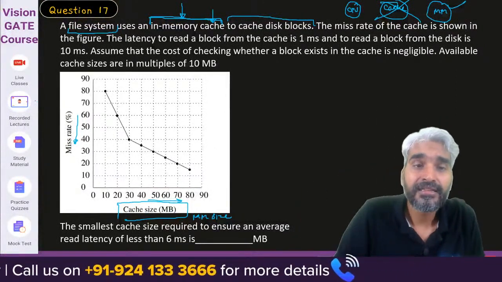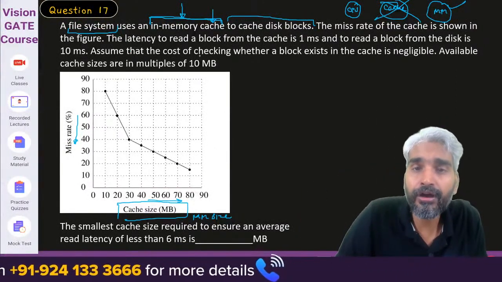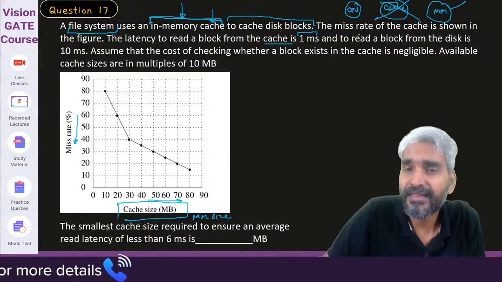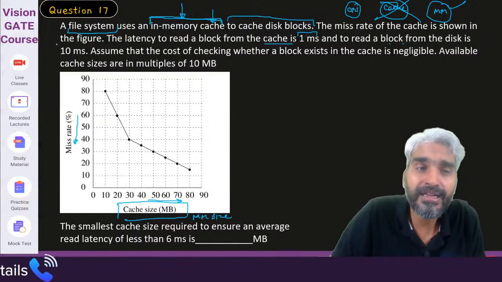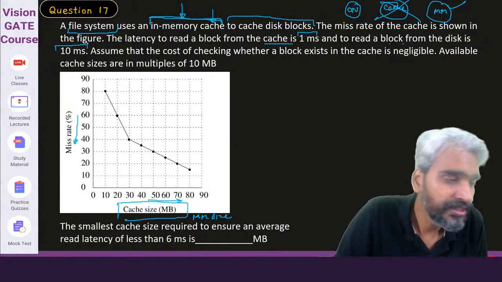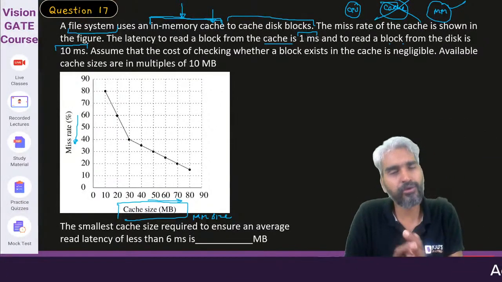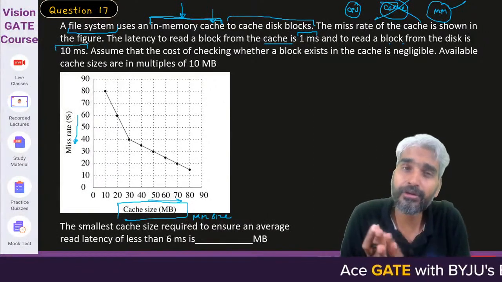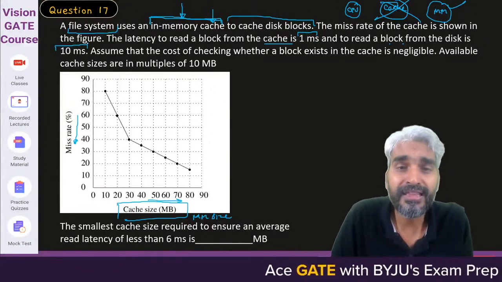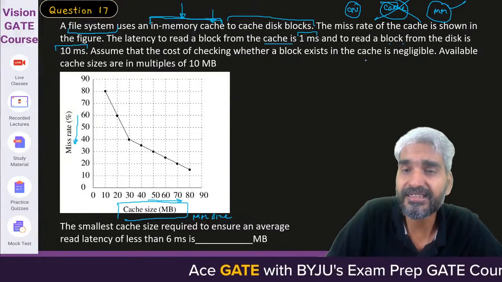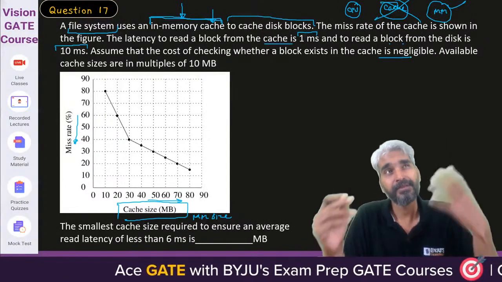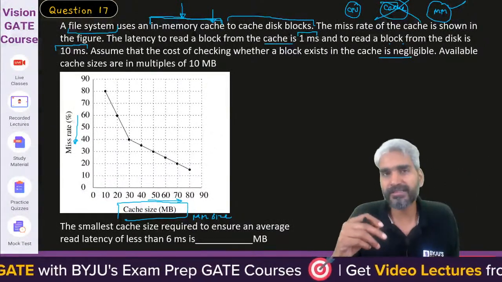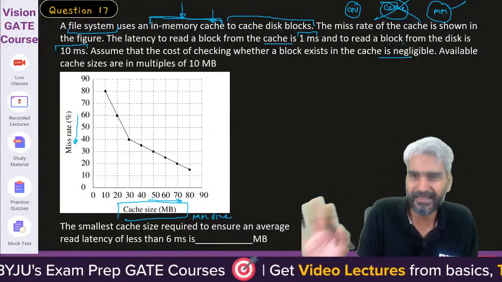Now it says the latency to read a block from the cache, that is from main memory, is 1 millisecond, and the latency to read a block from the disk is 10 milliseconds. Okay, if the data is present in the main memory, you can read it in 1 millisecond itself. If the data is present in the secondary memory, you will require 10 milliseconds. Assume that the cost of checking whether a block exists in the cache is negligible. That means the searching time that you will require to check whether the block is present in the main memory or not is given as negligible.